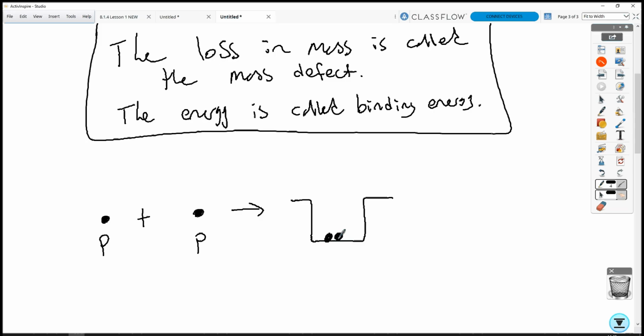Plus, it might make some other stuff as well, in general. So this isn't a specific example, but in general, there might be other stuff. Plus, we get some energy out. Now that energy corresponds to this energy well here. It's that potential well.